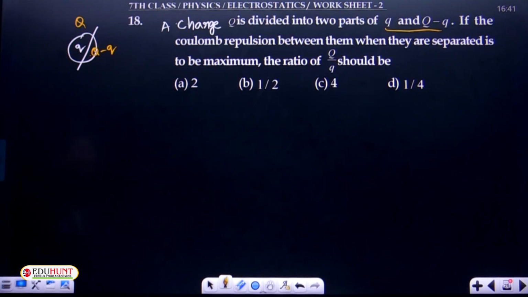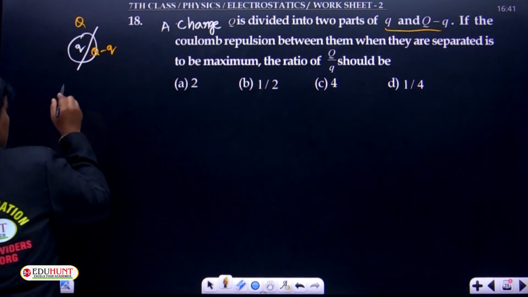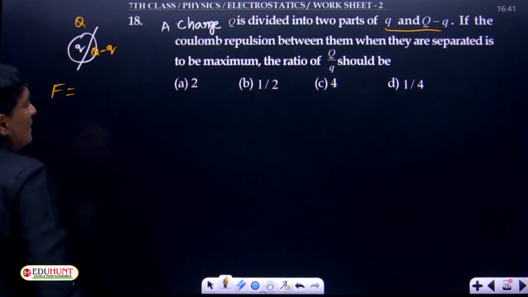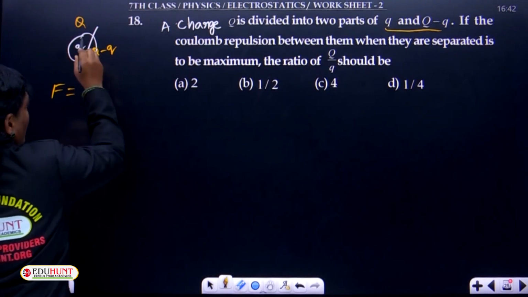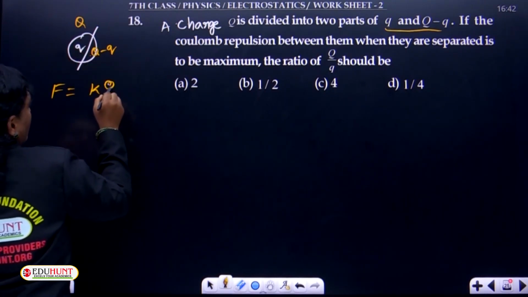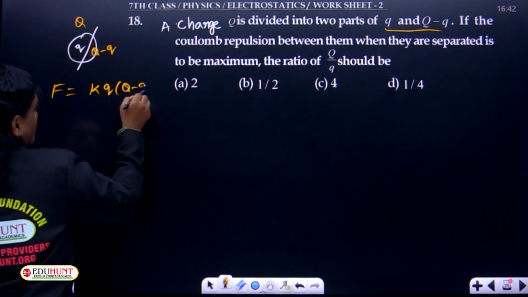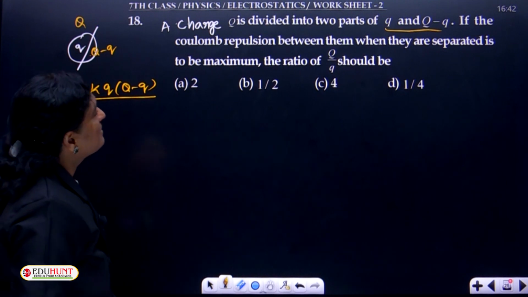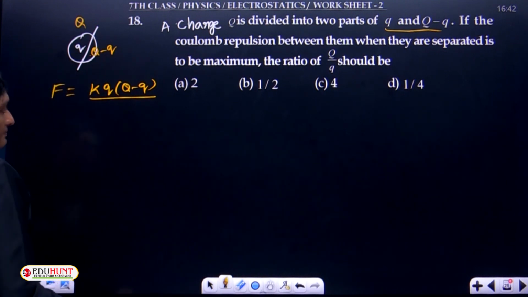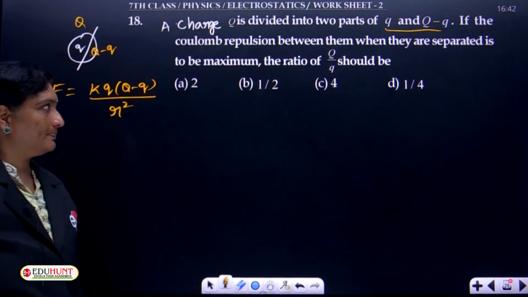If the Coulomb repulsion between them is maximum when they are separated, then what is the force acting between them? F is equal to K times Q1, Q2, that is the first charge is q, the next charge is Q minus q, upon the separation, say r square.